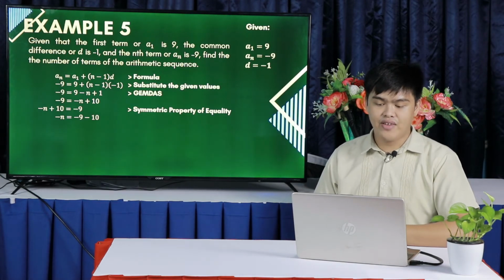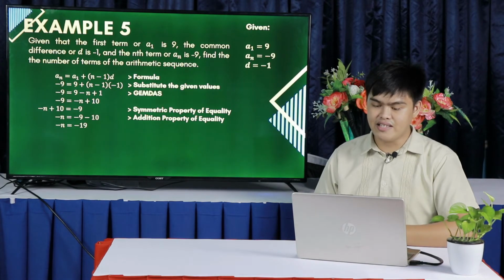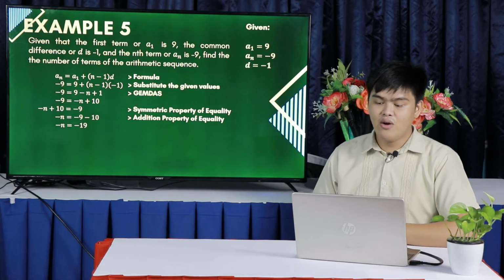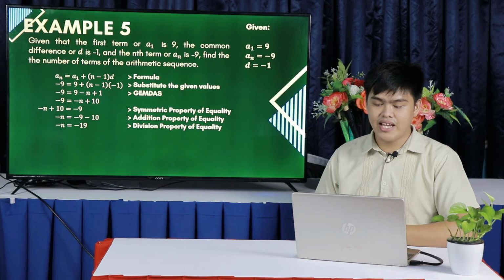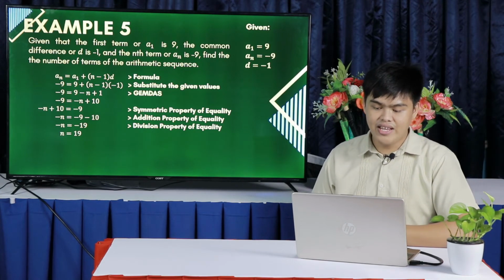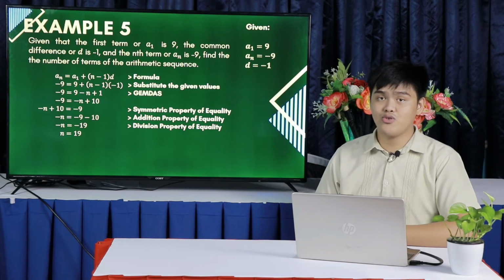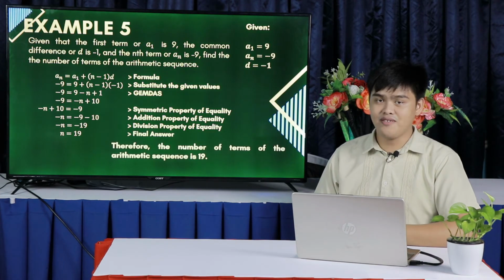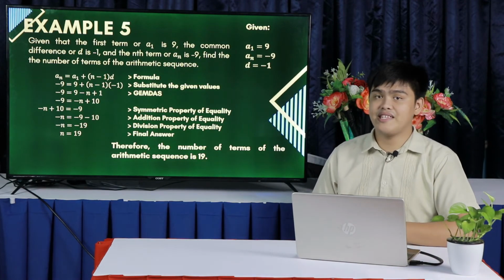Simplifying, we have negative n is equal to negative 19. Finally, we multiply both sides by negative 1 to eliminate the negative sign. We then have n is equal to 19. Therefore, the number of terms of the arithmetic sequence is 19.